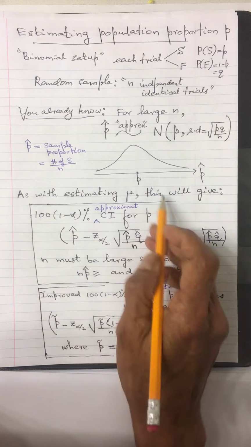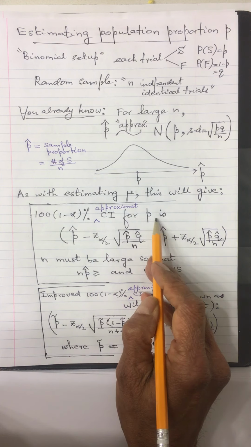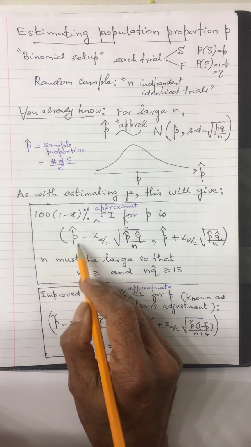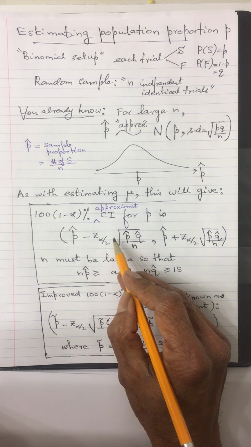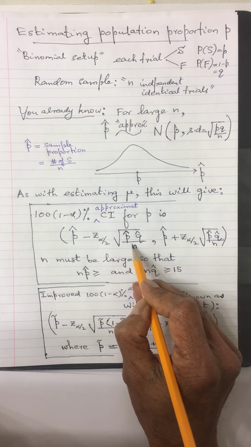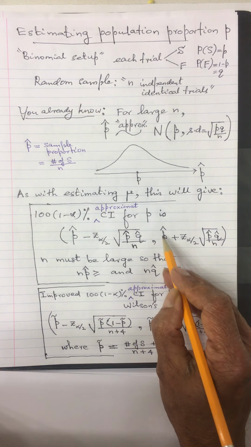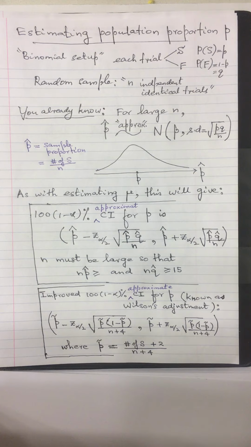You need to follow the same procedure. The confidence interval for P is p hat minus the z table value times the square root of p hat q hat over n, to p hat plus the same thing with the plus sign.